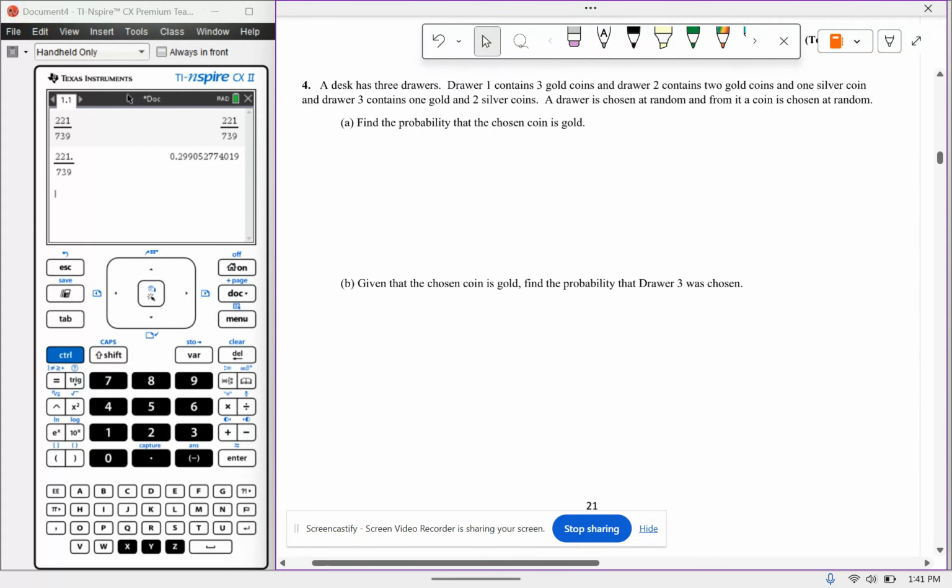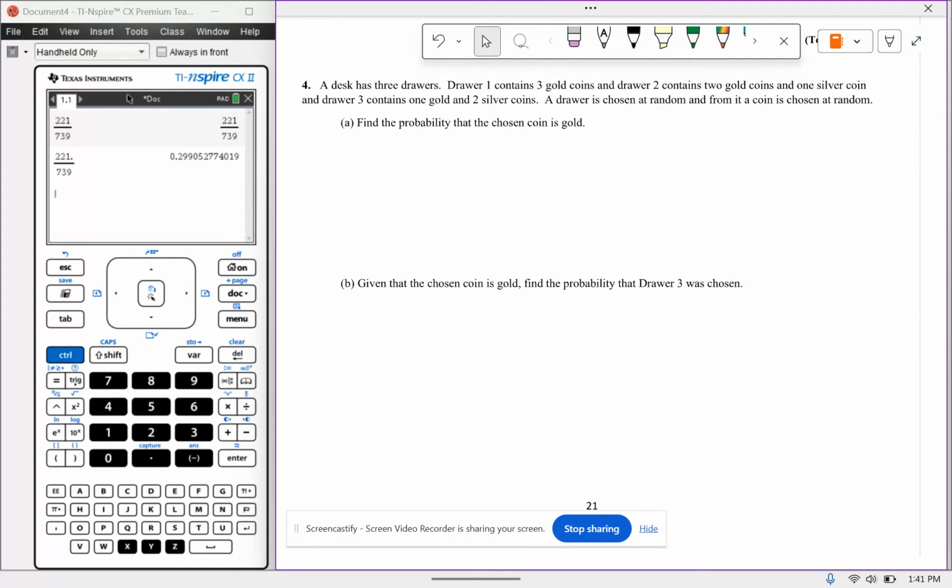Let's go to 4. We're going to make some more trees. We are reading for the first event and then the second event. Go ahead and read 4. I want you to tell me what the first event is, then what the second event is. Raise your hand when you think you have the first one. Which drawer?